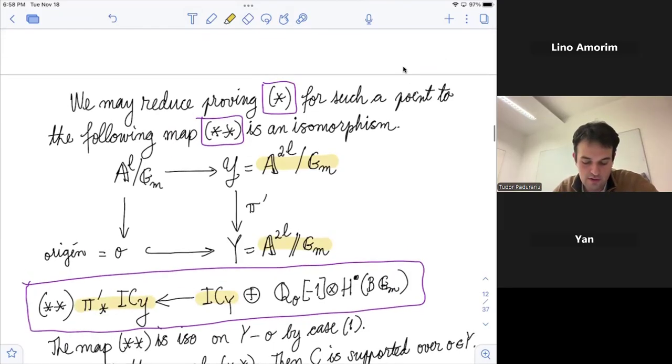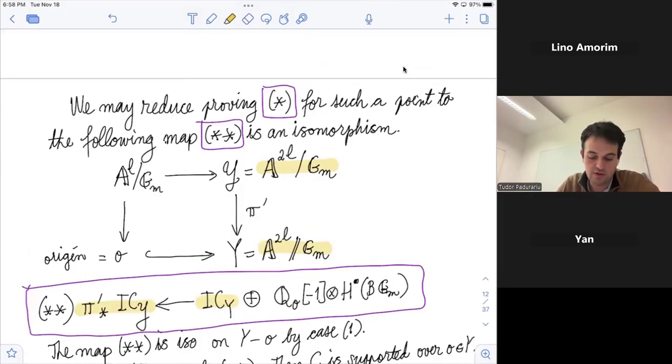All these terms are analogous to the ones in star. The second term is the one coming from the extra sheaves that lie at the origin in Y, which is the only singular point, the point we chose in the image of addition minus diagonal that we zoomed in on and took a slice. So we need to show that star star is an isomorphism.